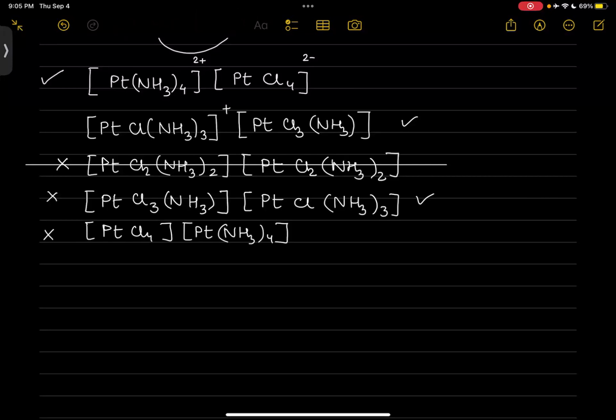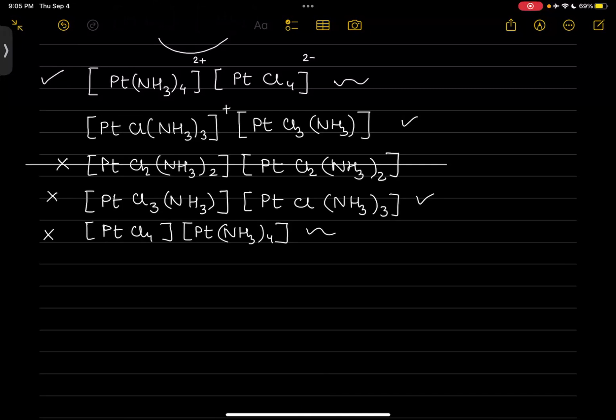So it is not going to become a new compound. The cation and anion still are the same. So this one and this one, they are the same. It is just a repetition. So in total, how many different unique isomers are we going to have? Just two. Got it?